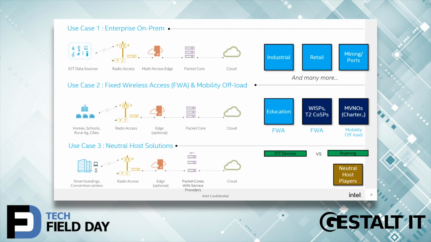One is enterprise on-premise, and this is where you see the industrial vertical, retail, mining, and ports, where these enterprises are getting data from IoT data sources. They have challenges with wireline infrastructure in terms of cost and mobility, or challenges with Wi-Fi infrastructure in terms of reliability, bandwidth, and dead spots.